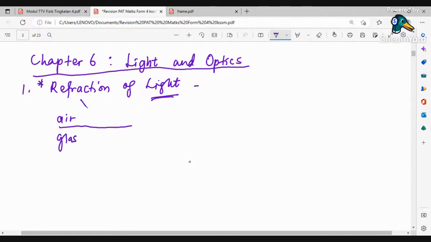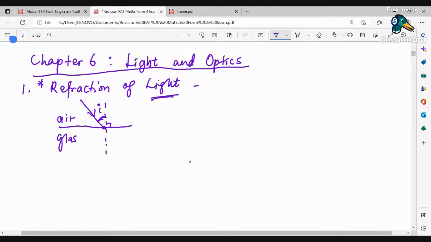Incident ray. This is the boundary that separates air and glass. At this point of incidence, draw the normal line. The normal line is 90 degrees to the boundary. The angle between the incident ray and the normal we call the angle of incidence.